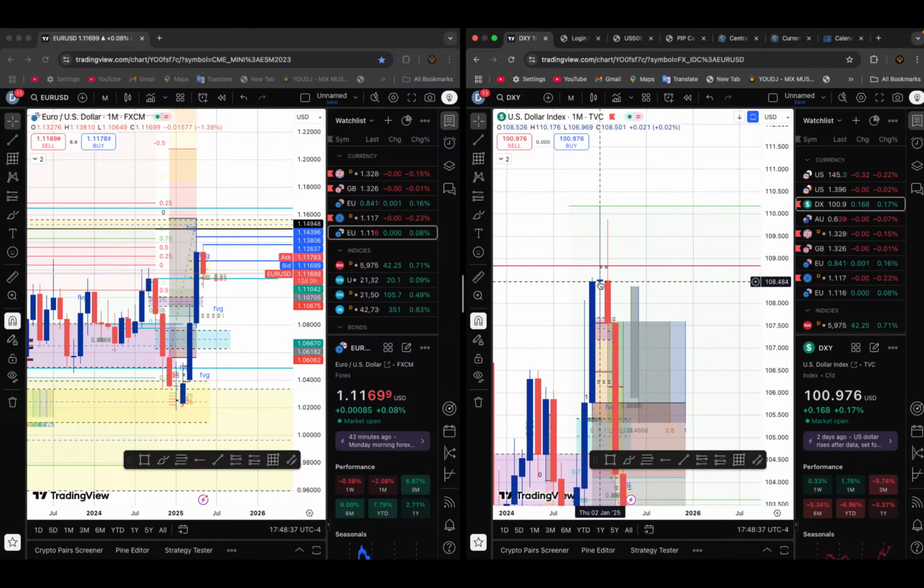So would rather just use this, the opening, close. Yeah, you can see that it closed lower than it opened, so technically this should be bearish, but because it overall closed above this candle, it's showing as a bullish candle.